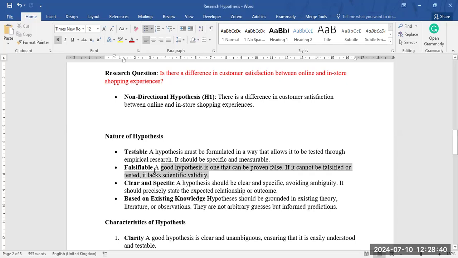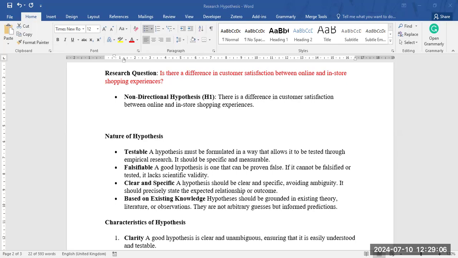Another one is falsifiable. Falsifiable means a good hypothesis is one that can be proven false. So if it cannot be falsified or tested, it lacks scientific clarity. That means when we try to formulate the hypothesis, there may be a chance to reject the hypothesis.